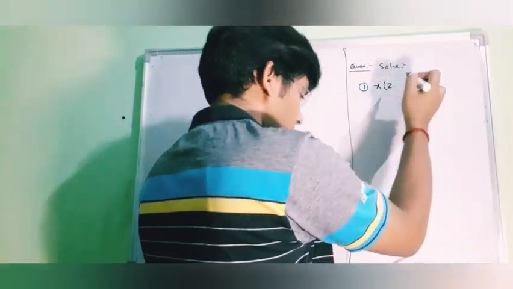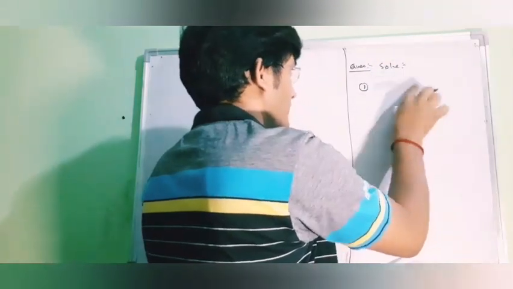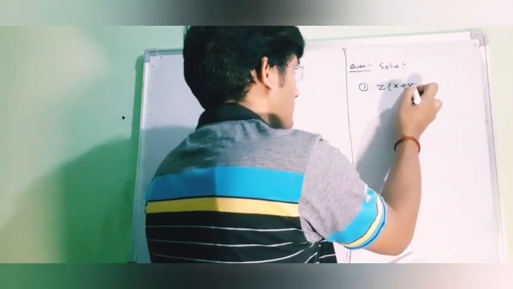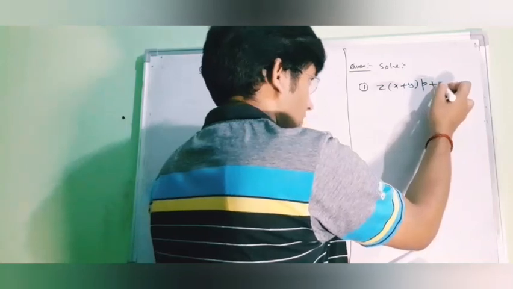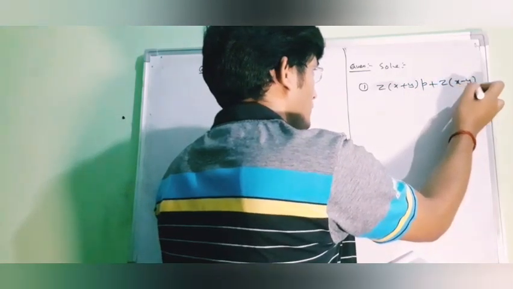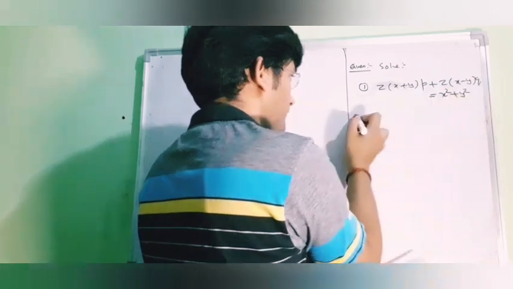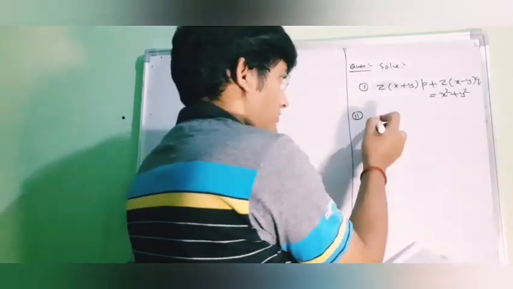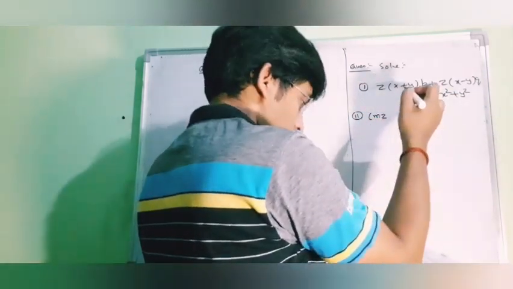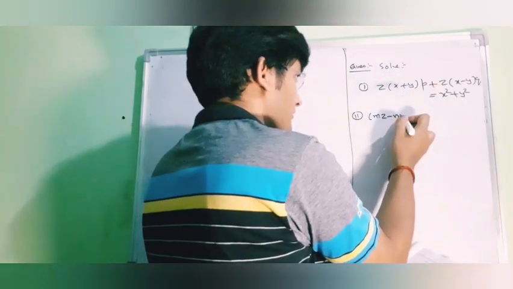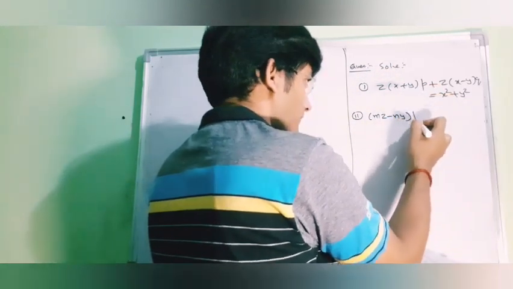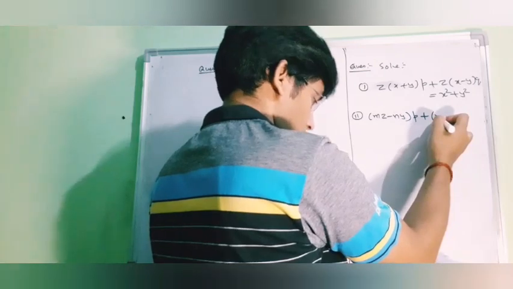The first problem is z(x plus y)p plus z(x minus y)q equal to x square plus y square. All these problems are of similar kind, so I am writing them together.